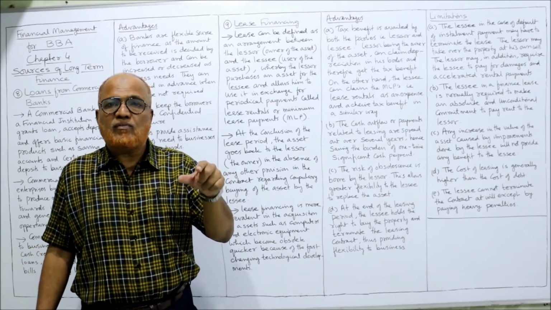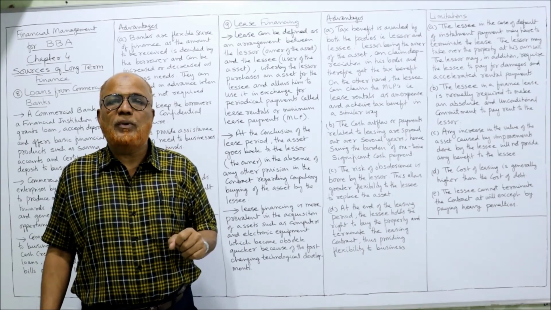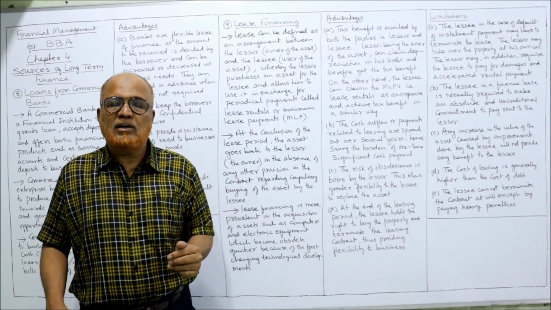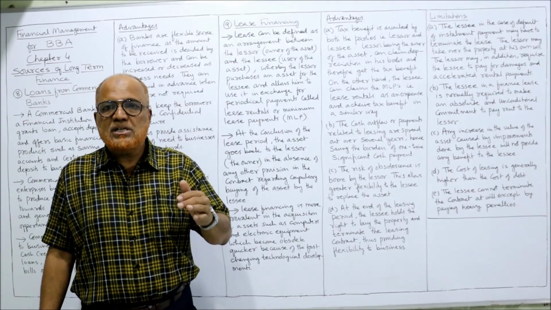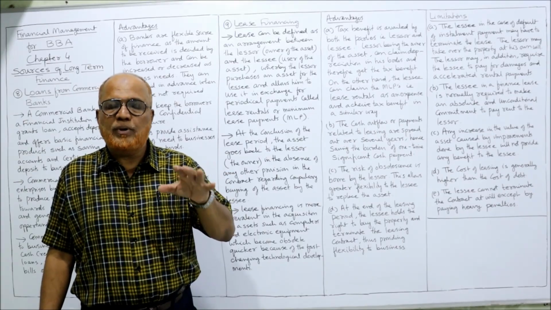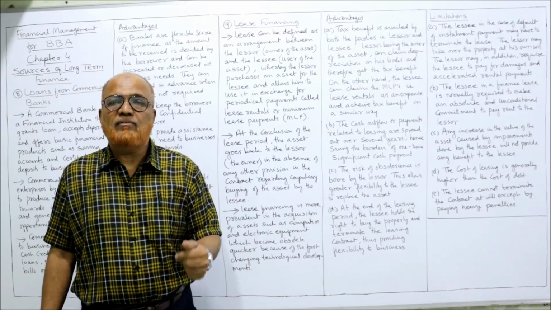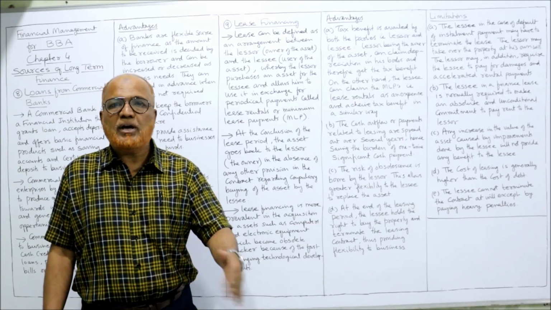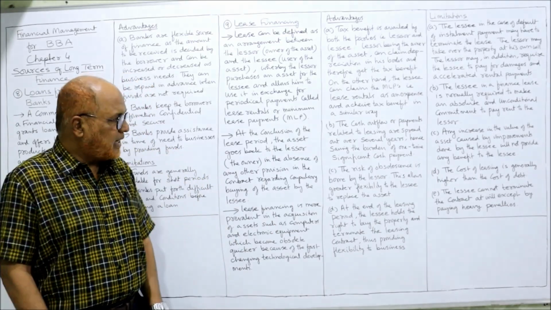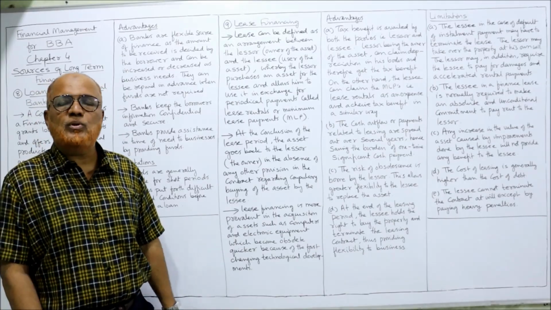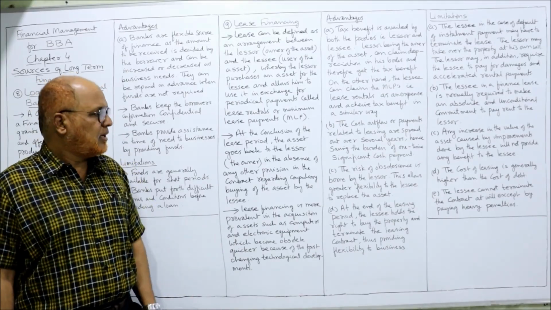So in these cases, normally the business will take computers and electronic equipment on lease because their life is very short. Soon they will become outdated. That is the reason why for computers and electronic equipment, they go for lease.